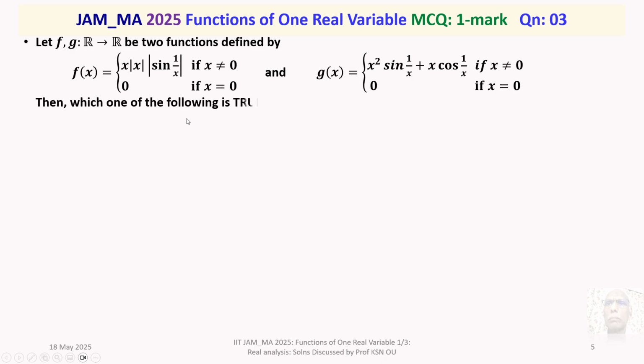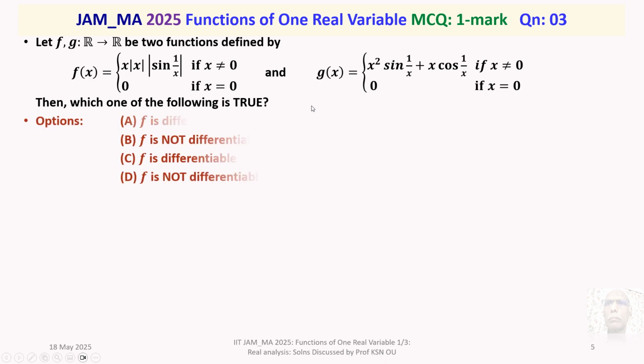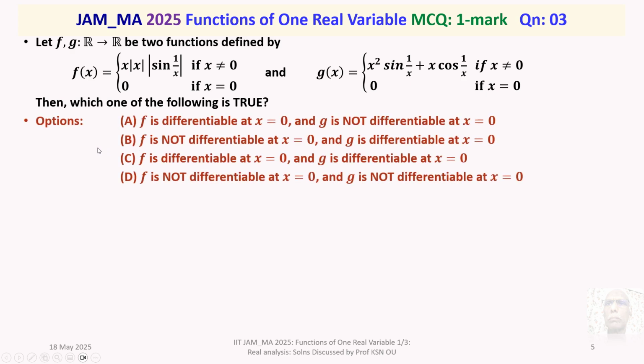Then which one of the following is true? So the options are related to differentiability of f and the differentiability of g at x is equal to 0.